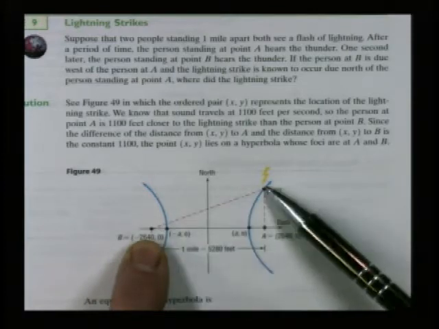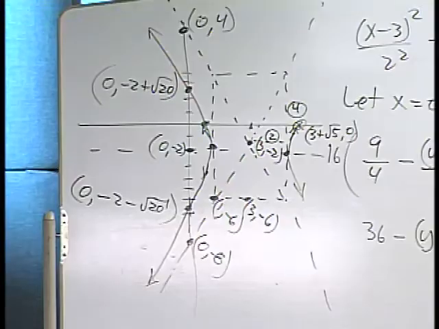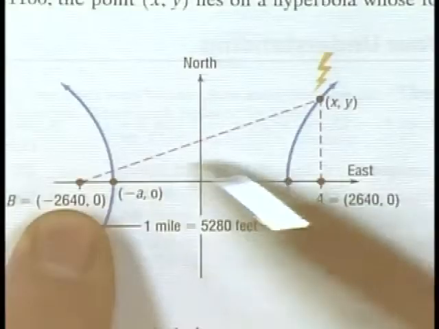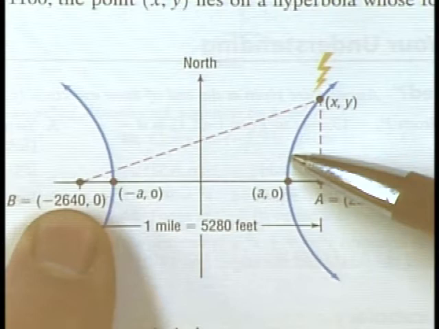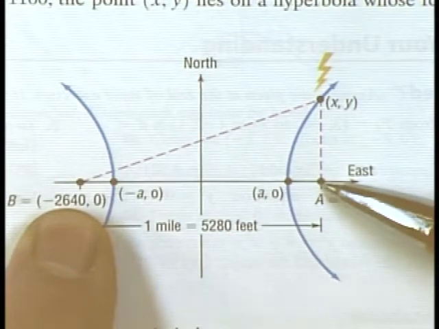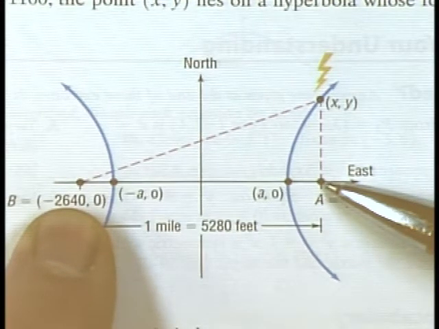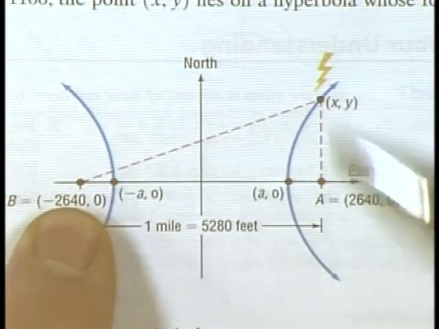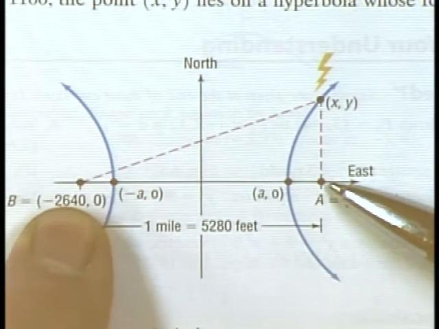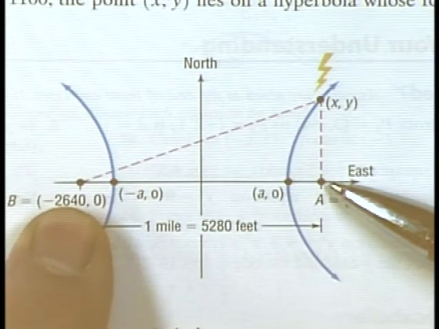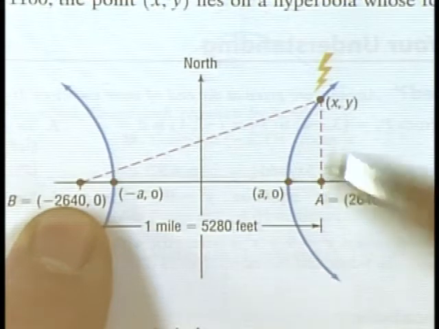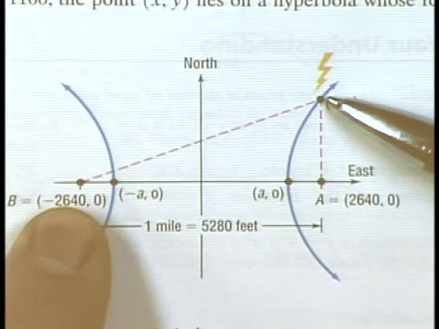This distance minus this distance has to remain constant. So if I was at a point here, the distance from here to the point on the curve minus the distance to this other focus would be the same as that difference was here. This is very useful in timing issues and sometimes in locating certain points and that type of thing.